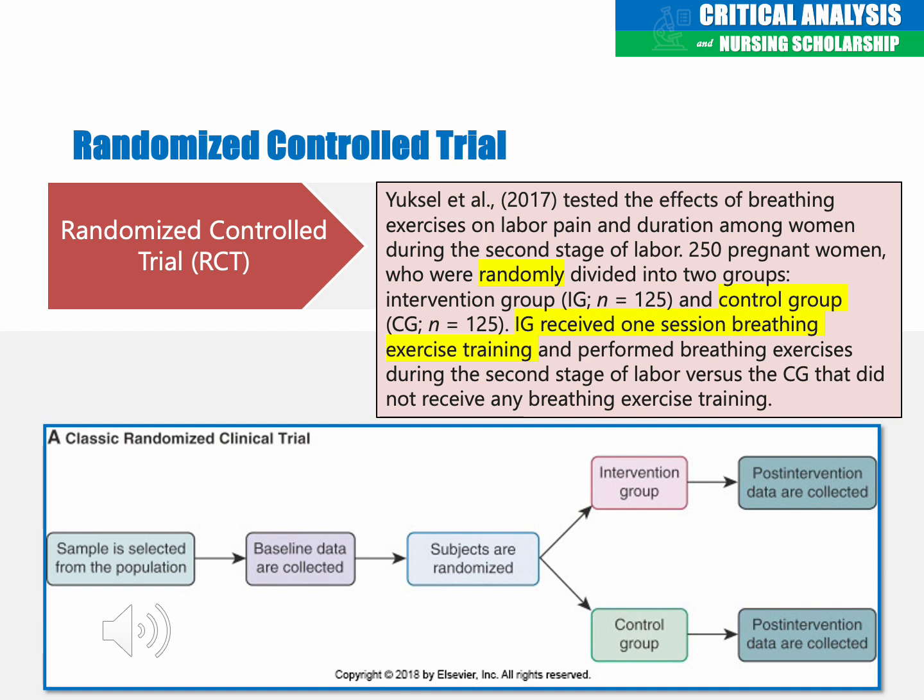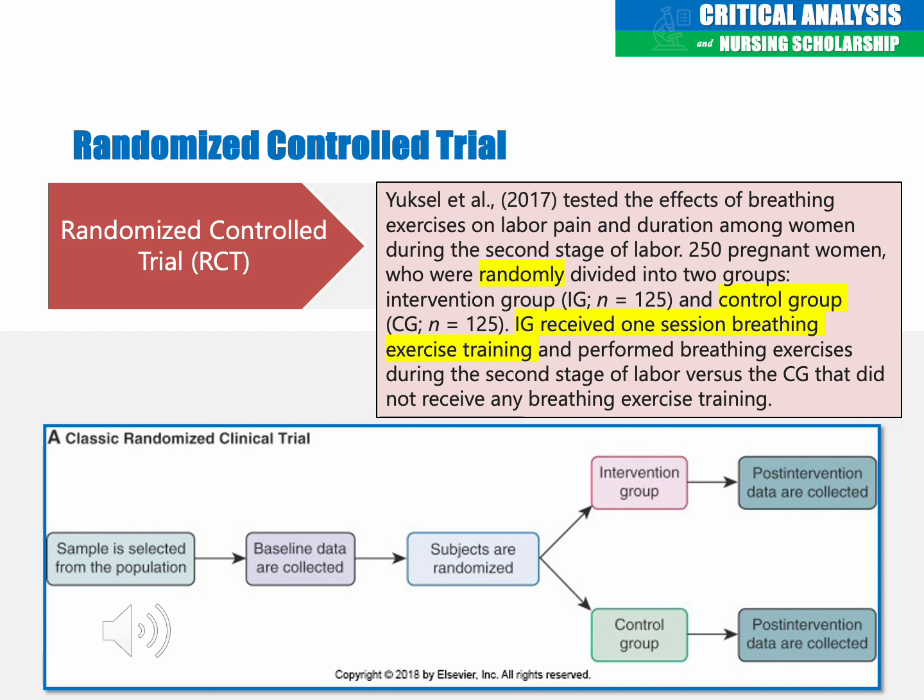Yüksel et al. 2017 tested the effects of breathing exercises on labor pain and duration among women during the second stage of labor. 250 pregnant women were randomly divided into two groups, 125 in the intervention group and 125 in the control group. The intervention group received one session of breathing exercise training and performed breathing exercises during the second stage of labor, versus the control group that did not receive any breathing exercise training.